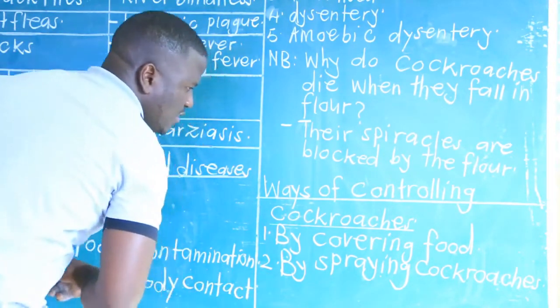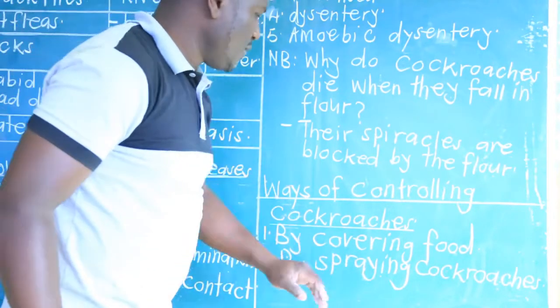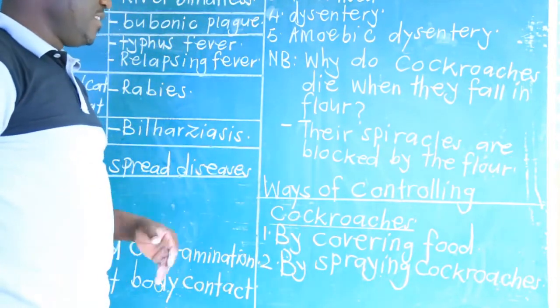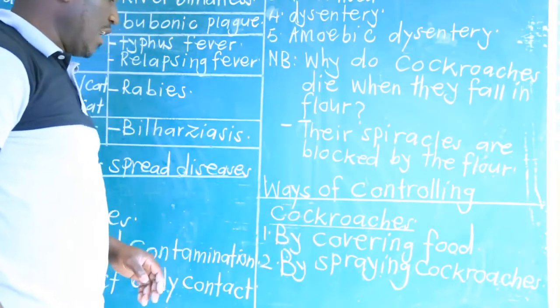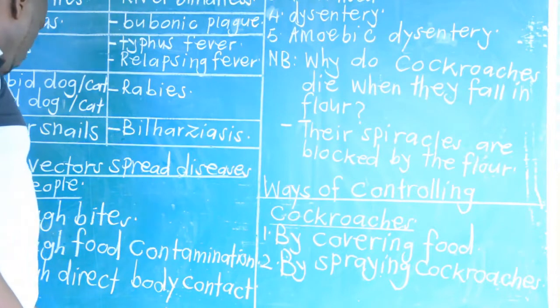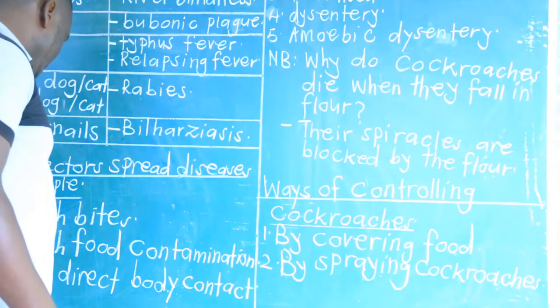When you spray cockroaches with insecticides, these insecticides kill them, and once they are killed, they will not be in a position to spread diseases.